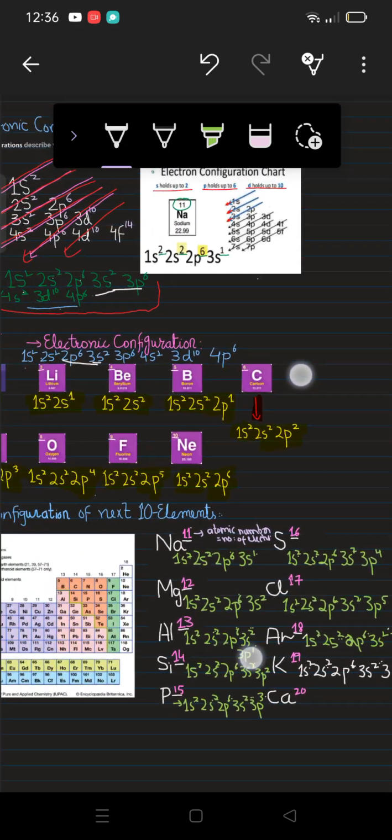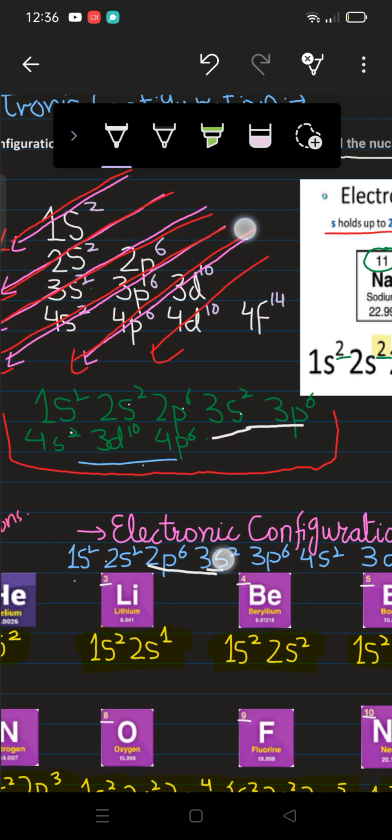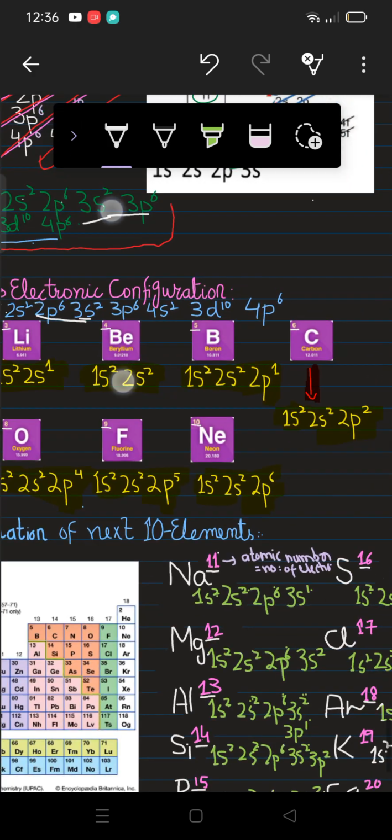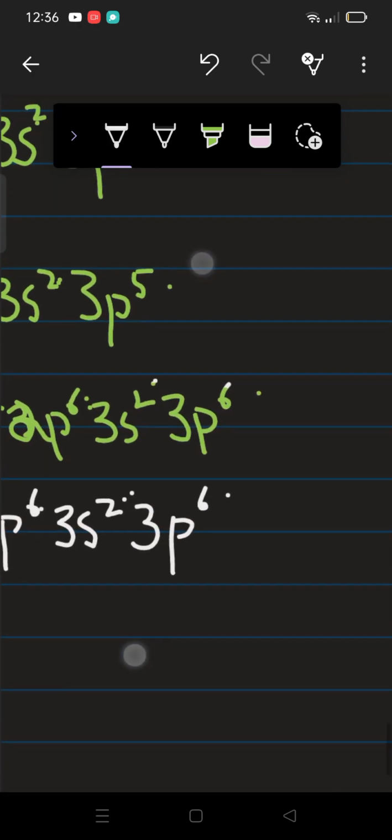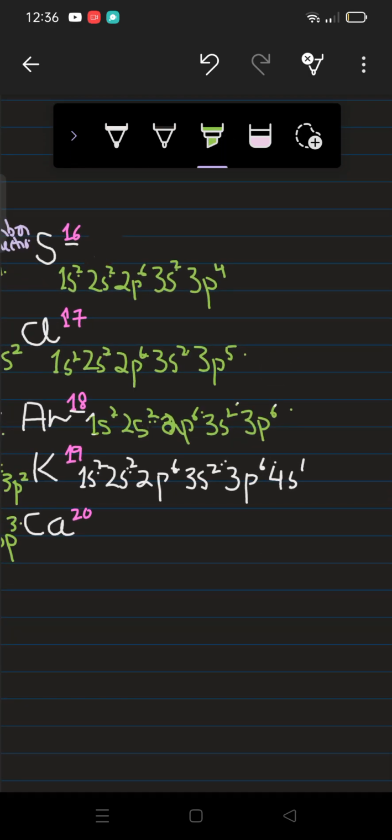One electron is left and we need to see which subshell would open now. 4s1. So 4s will hold only one electron since only one electron is left. So 1s2, 2s2, 2p6, 3s2, 3p6, 4s1 is the electronic configuration of potassium.